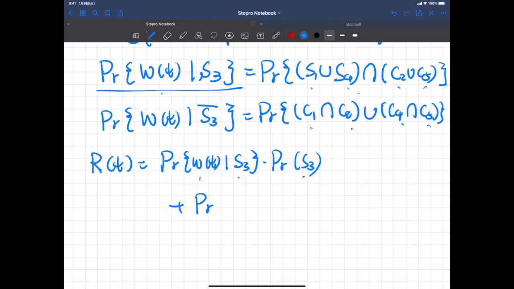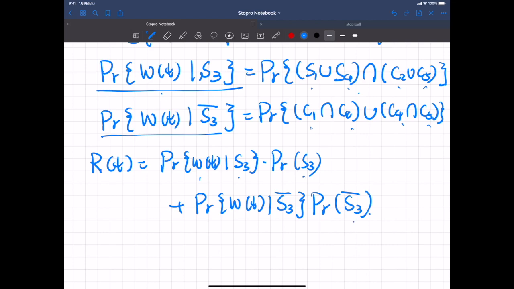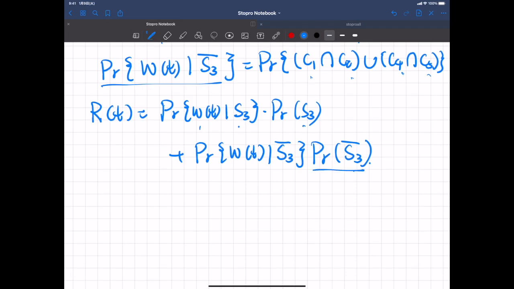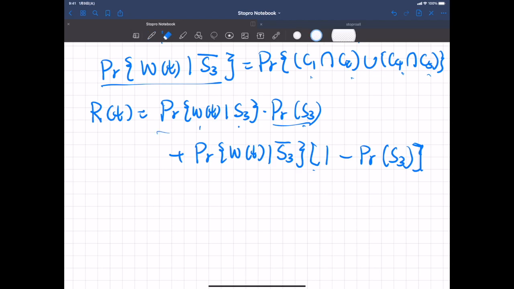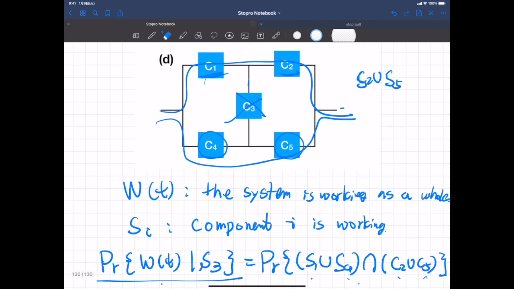Or the second probability: if component 3 is not working, then the system is working, and S3 bar, the complement of S3. So S3 is broken. But this probability is 1 minus this probability. So let's replace that. So this should be the form of the reliability function of this particular system.